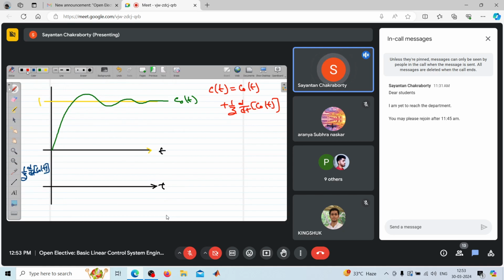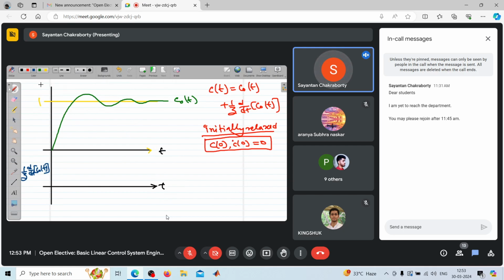To start with, we have assumed that the system is initially relaxed, so C dot 0 equals 0.